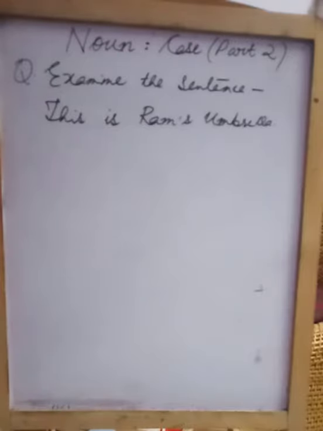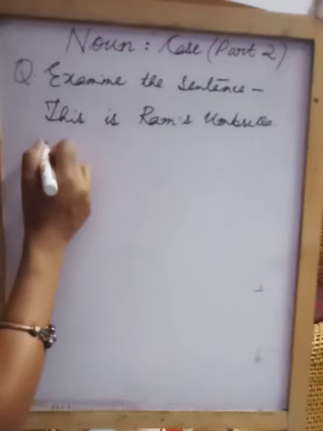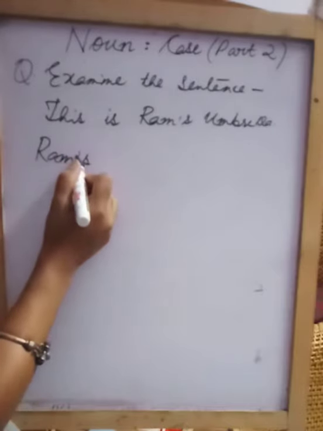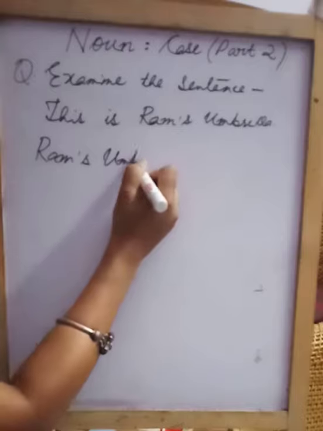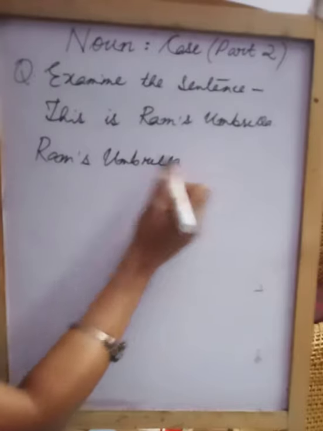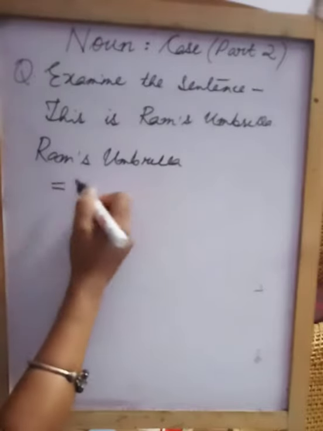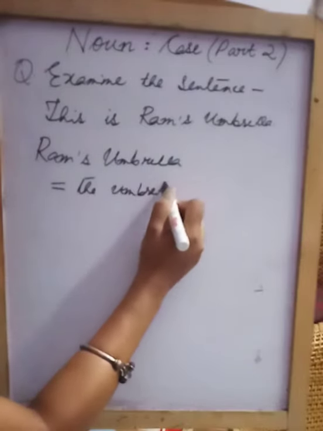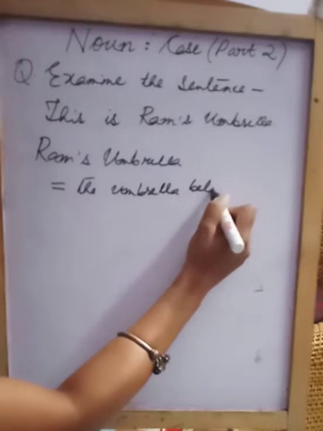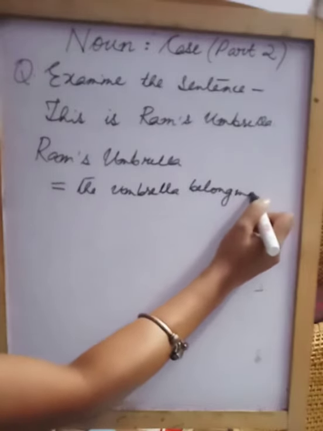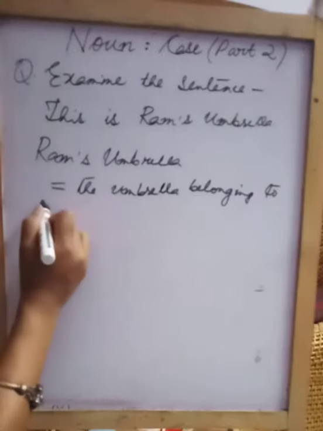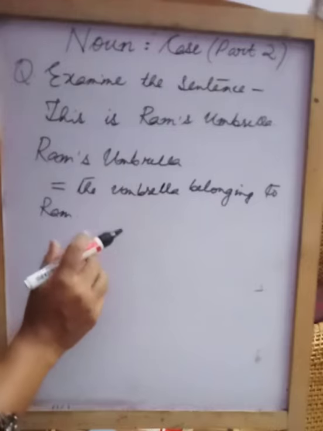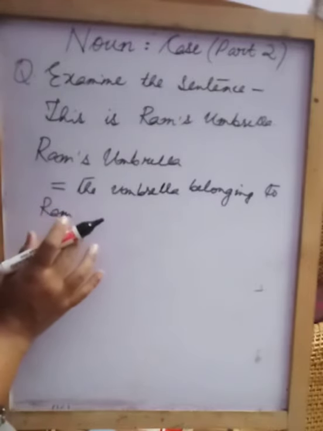So what does Ram's umbrella mean here? Ram's, R-A-M apostrophe S. Ram's umbrella means the umbrella belonging to Ram. It means Ram owns this umbrella. The ownership of the umbrella belongs to Ram.